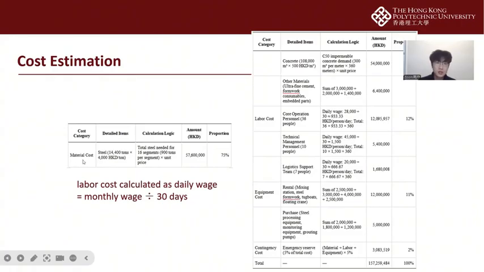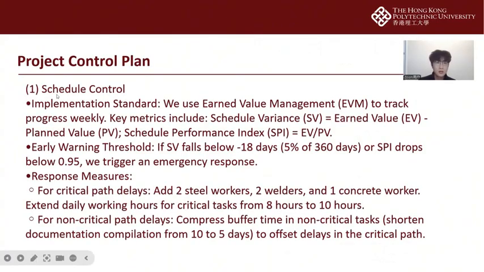The material cost is 75%, labor cost 12%, equipment cost 11%, and contingency cost 2%. So the total cost is about 157 million.